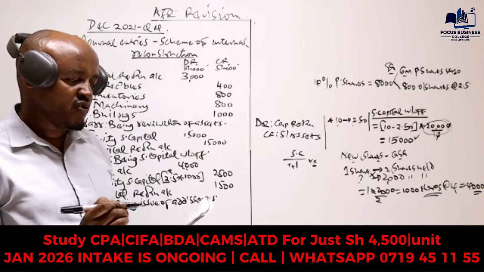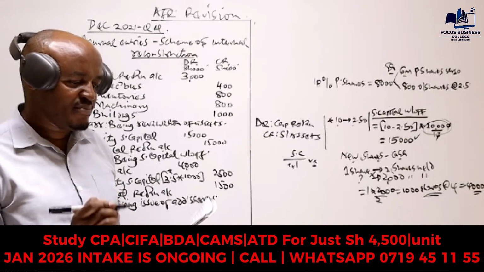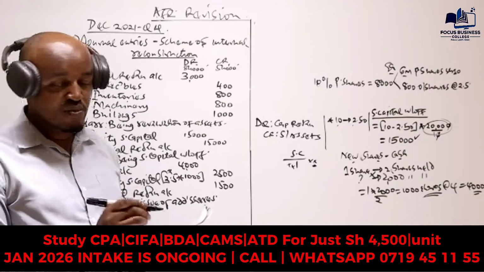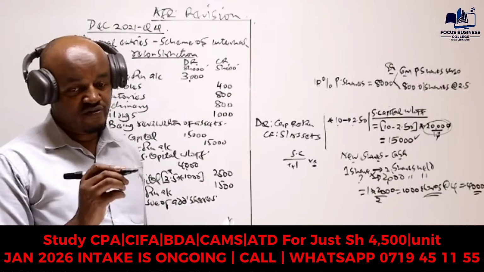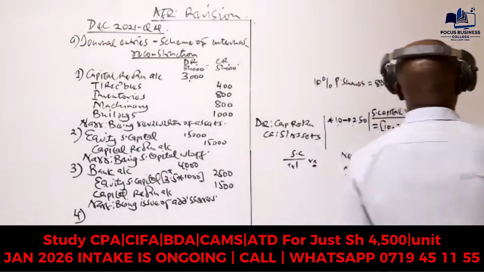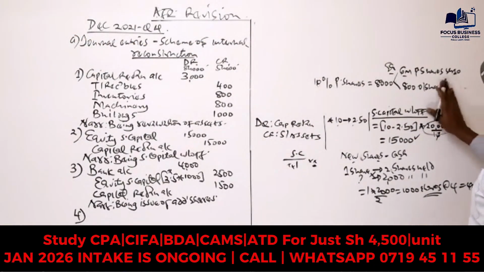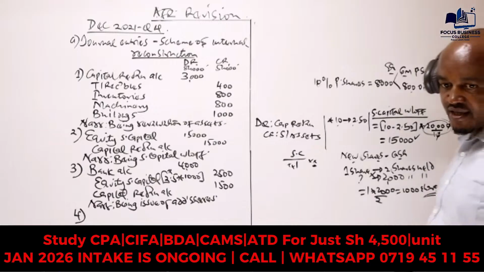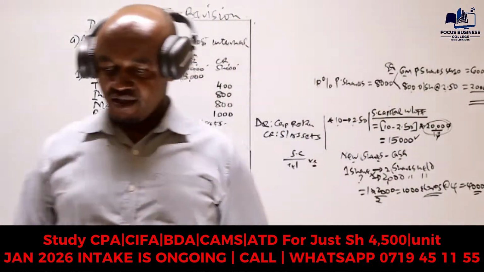The issue of 6 million, 15% preference shares of shillings 10, and 800,000 ordinary shares of 2.5, such that if you work this out, 800,000 times 2.5, is it 2,000?